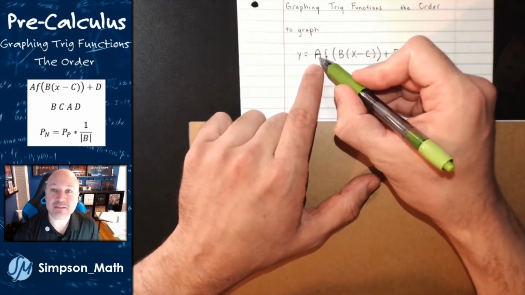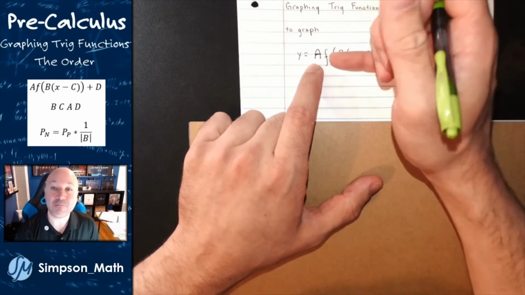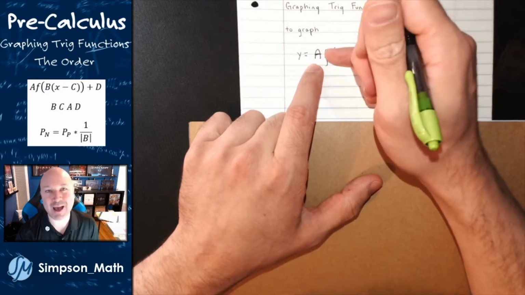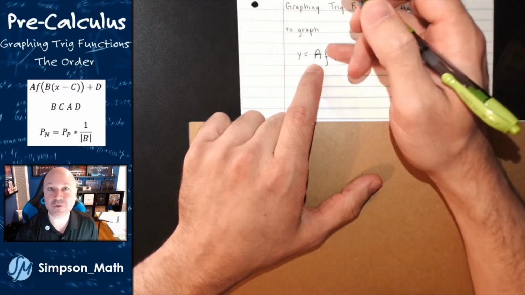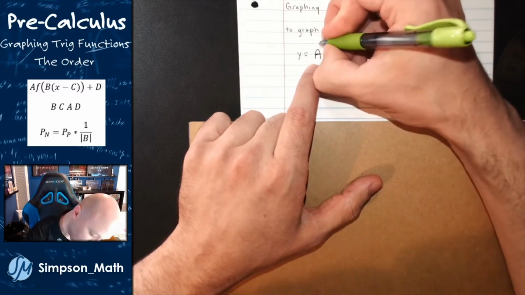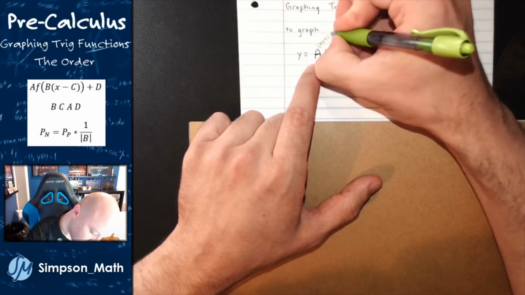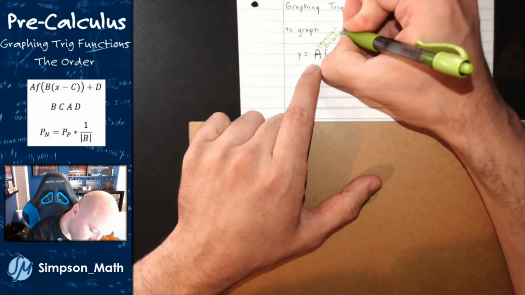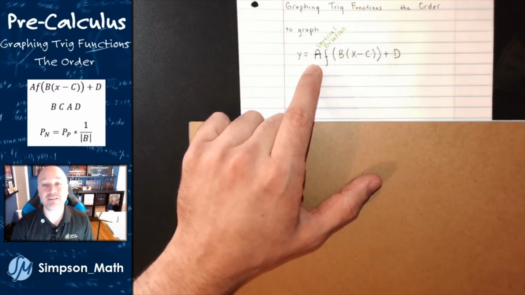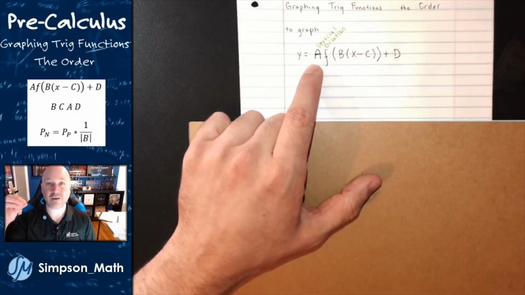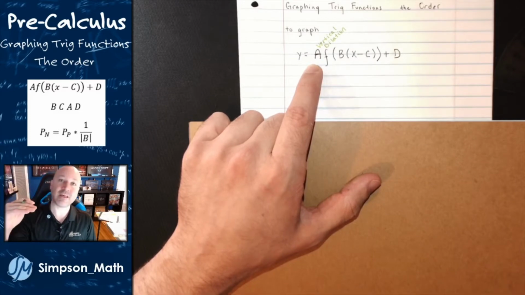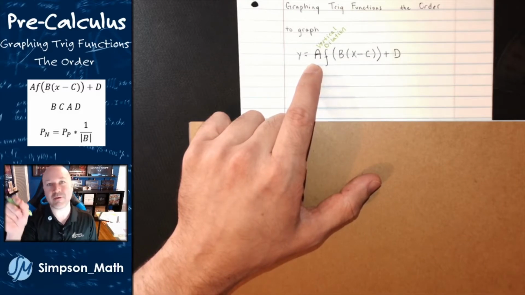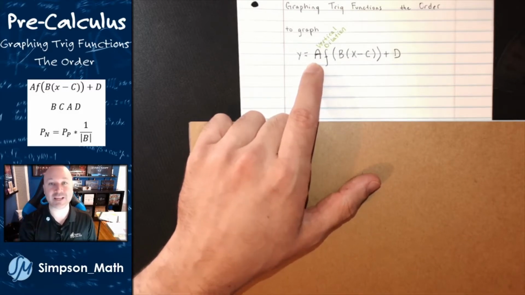A is simply multiply those y values by a. So it's a vertical dilation. If a is 5, we'll take the y values, multiply them by 5. That'll be a vertical stretch. If a is a third, we'll multiply the y values by a third, and that'll be a vertical compression. Those are vertical dilations.